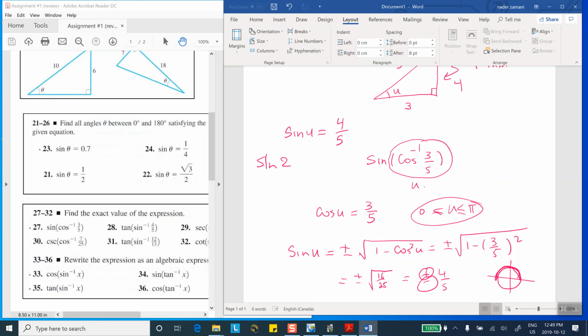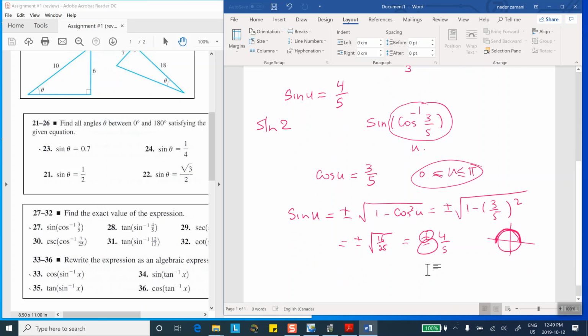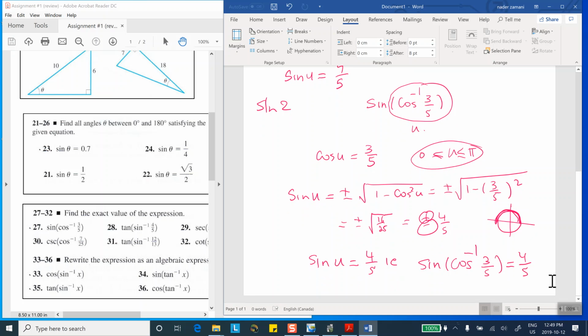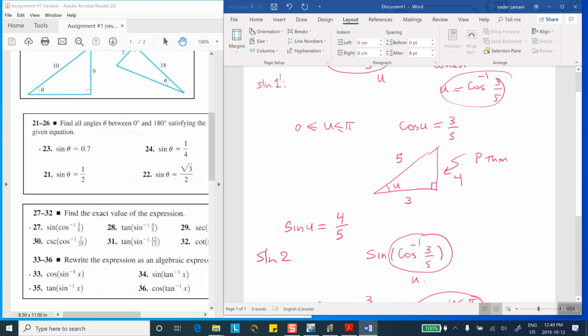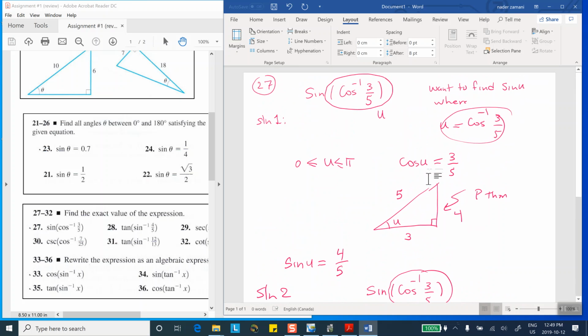So the correct answer to this problem is sine of u is equal to 4 over 5, which means sine of cos inverse of 3 over 5 is 4 over 5. Two ways. Okay, let's go to the next page, next problem.